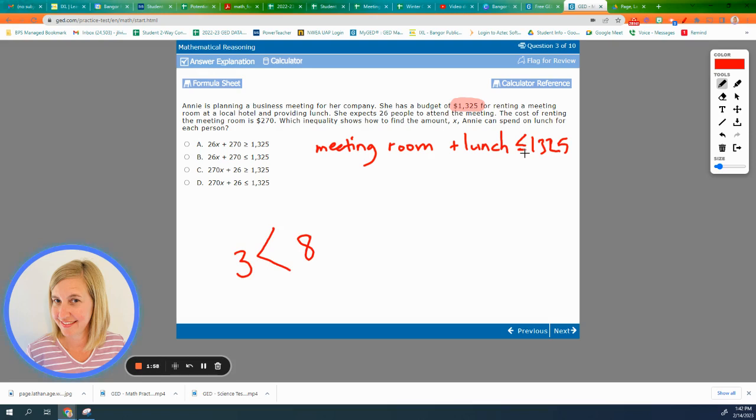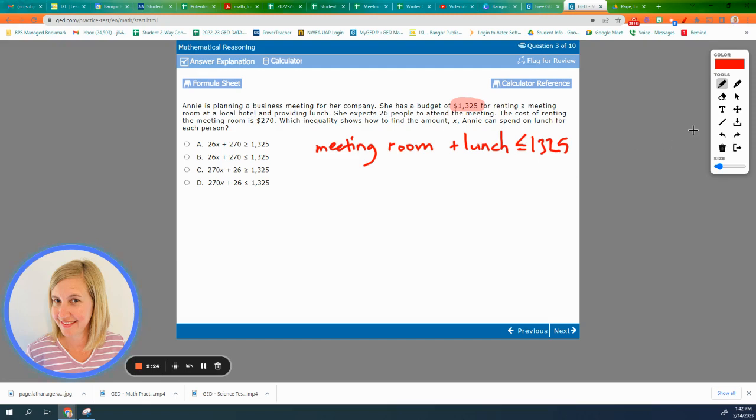When I was a kid, I learned that it's like an alligator's mouth and it opens up to the larger number. So that is a way to remember which way it's facing. So when I write this over here, I'm going to put it as opening up to 1,325 because 1,325 must be greater than or equal to what I spent.